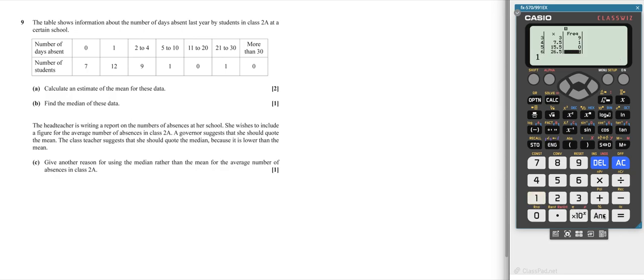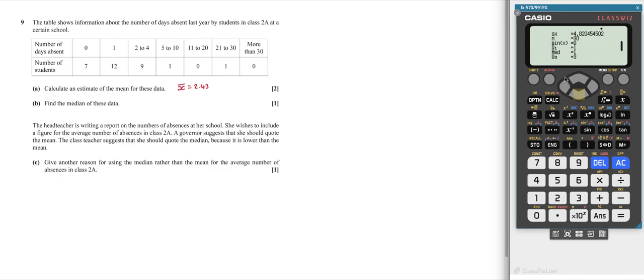All right, let's clear that off. One variable calculations, and my mean x bar is 2.43.